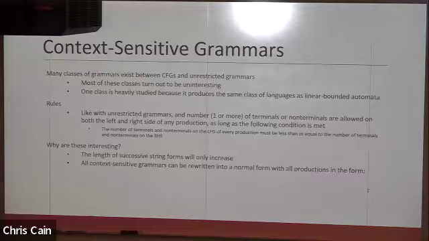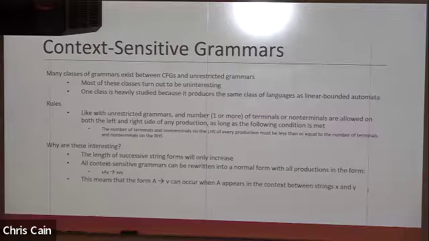And then there is a normal form, just like we've seen with normal forms in context-free languages. We have a left-hand side, a non-terminal, and a right-hand side.